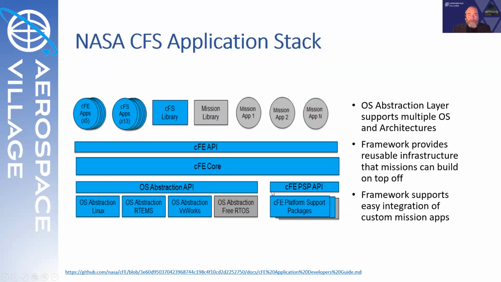In the lower layer here, the OS abstraction API provides the portability to the Core Flight System software. You can run this on Linux x86, on Raspberry Pi ARMs, PowerPCs, and there are real-time operating system versions. So a multitude of different platforms this either is running on or can be easily ported to.